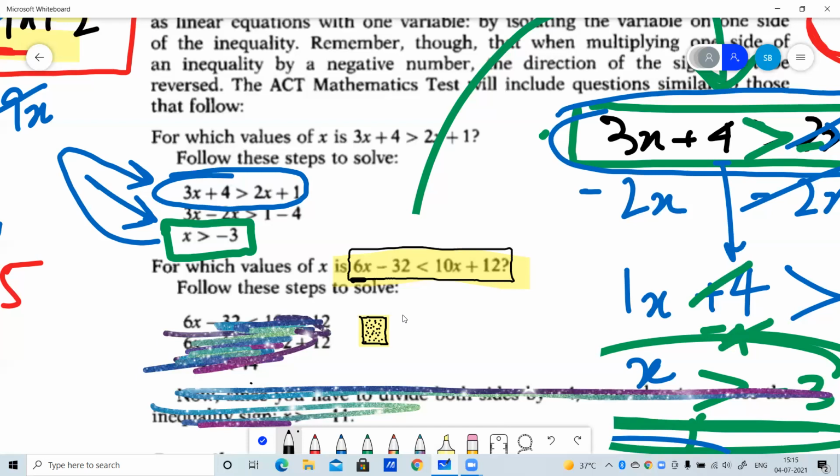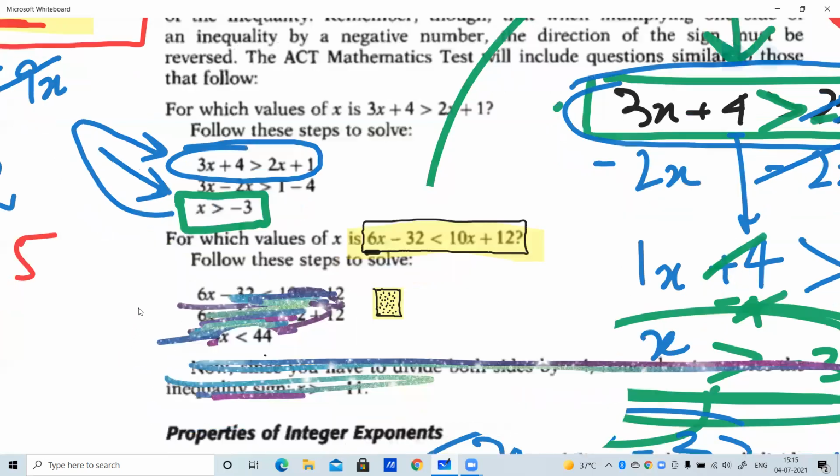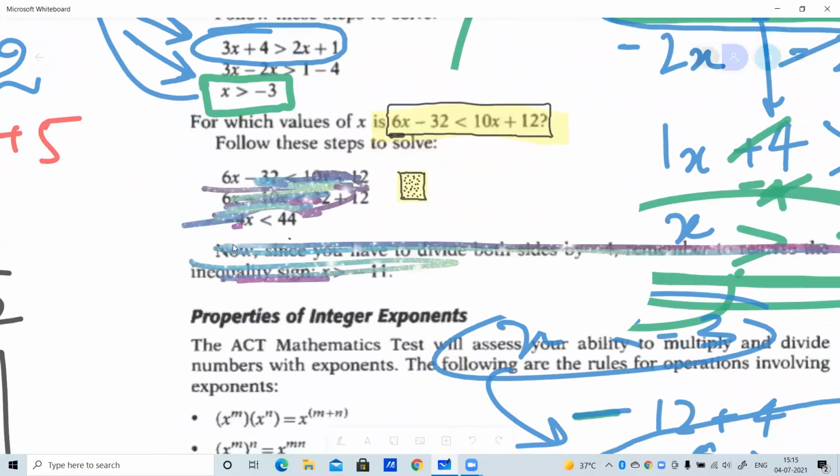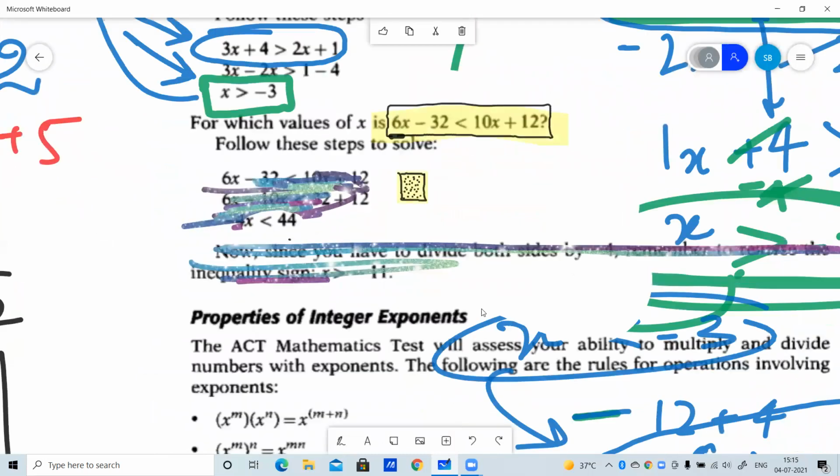I got 9, but I think I did it too far because I have to have something that says greater than. All right, let's try to do this together. You will tell me what to do. 6x minus 32 is less than 10x plus 12. So what was the first step you did?